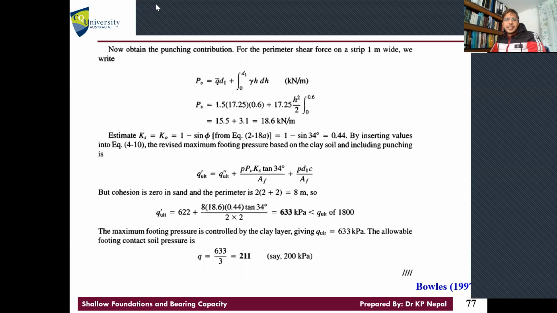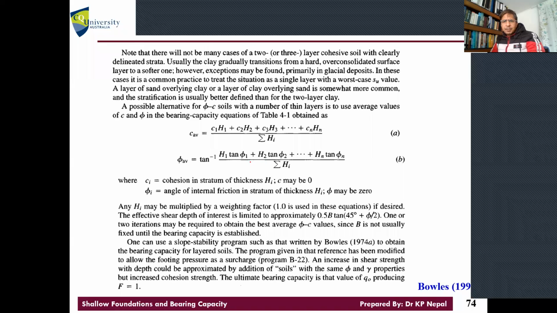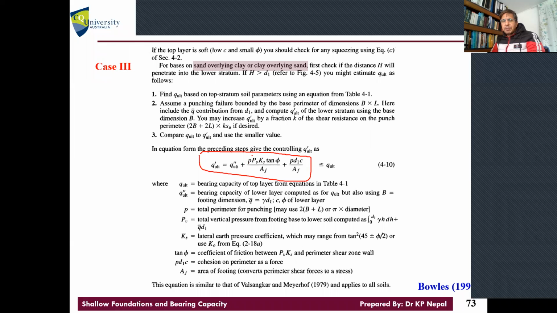You see, you need a lot of values, right? P value, PV value, there are pressures, and there is a description here. You can have a look, right? So PV is given by this equation, right? So we try to compute that, and then we calculate the P value.